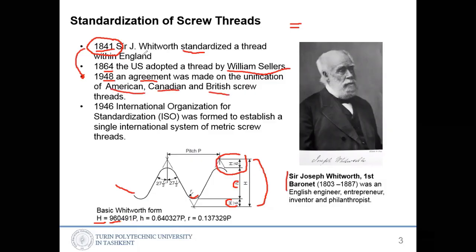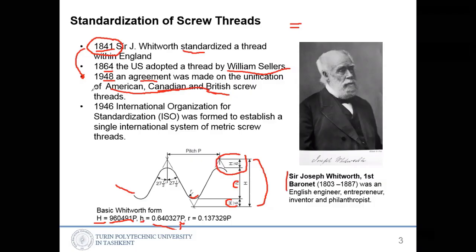As you know, the train was invented in the UK, in England. They sold these trains to America and Canada. That's why they needed to standardize, because otherwise they could not repair them. They had to send them again to the UK, England, where they repaired the train and then sent it back to America.